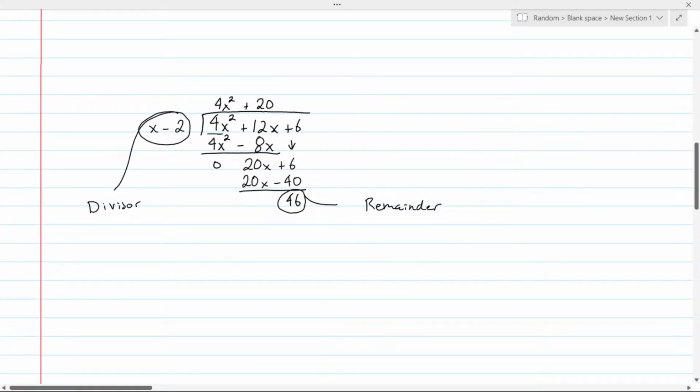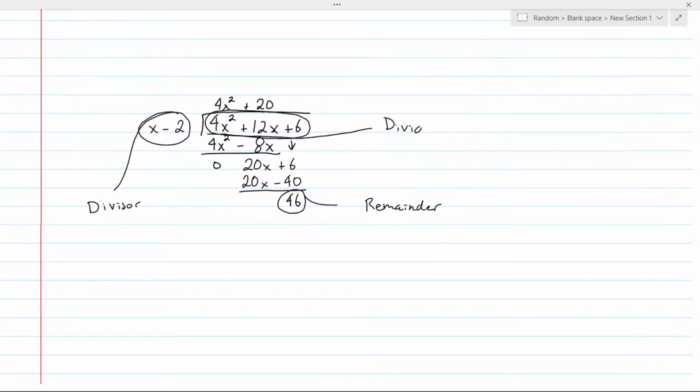The 4x squared plus 12x plus 6, that is called the dividend. And the 4x plus 20, that is called the quotient.